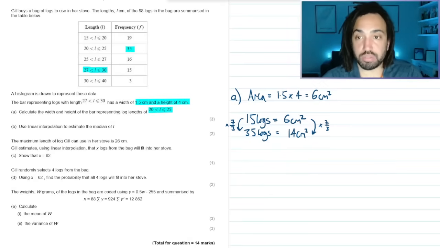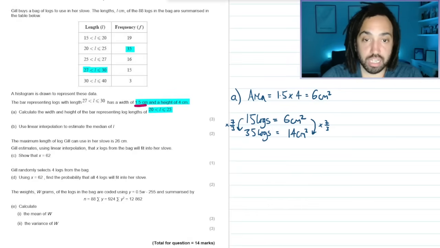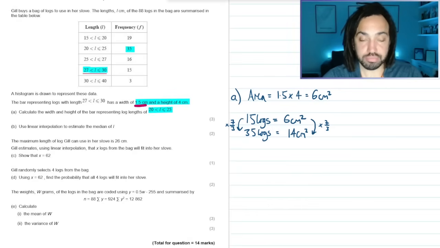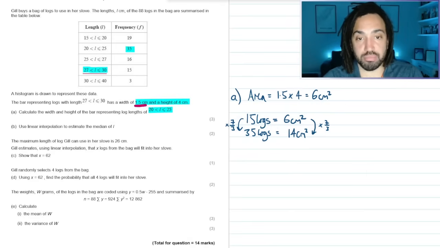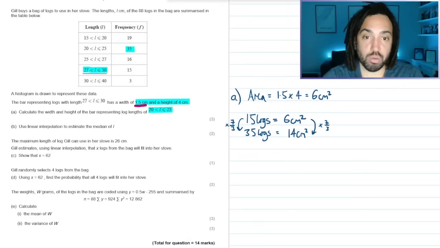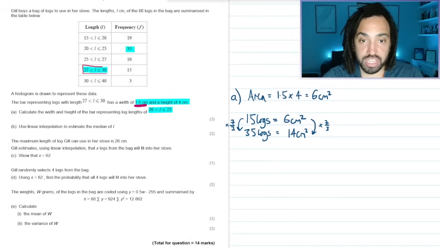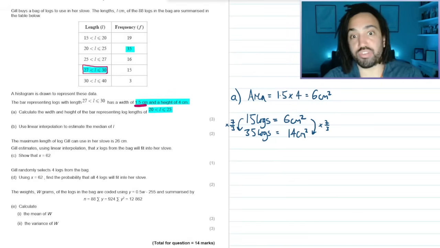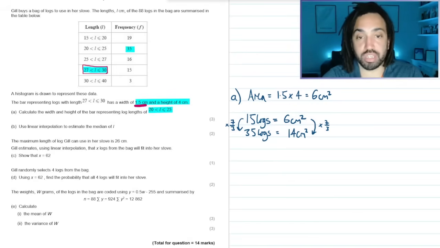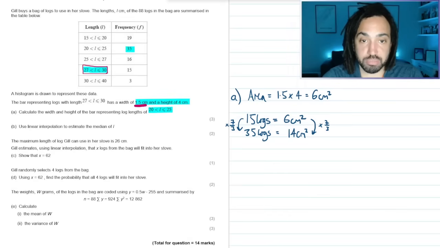Now we also know about the width. So the width of this one was 1.5, and that represents a width of 3. So that means for every one of these, it's 0.5 along on our histogram. So the one that I need to inspect now is this.